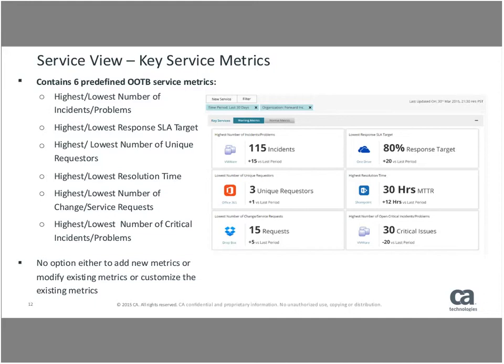The second block is the lowest response SLA target, which shows how well I am performing in meeting the response target of the SLA for this particular service. Here I'm not meeting 100%, I'm just meeting 80% of the response target, so that's why it's showing in the warning metric.